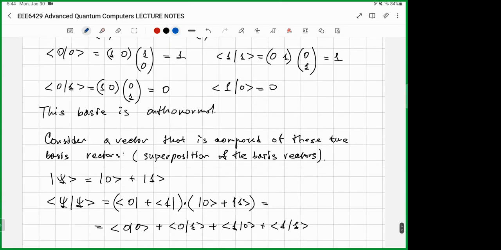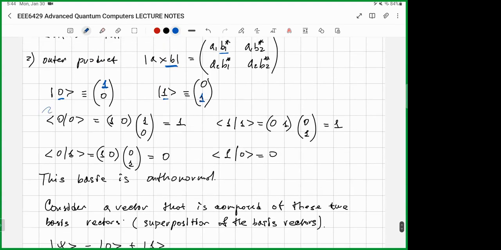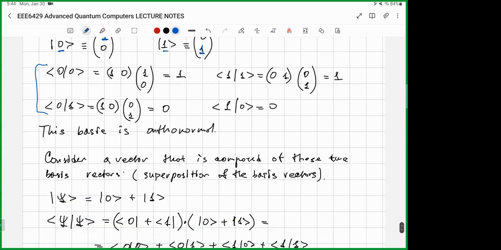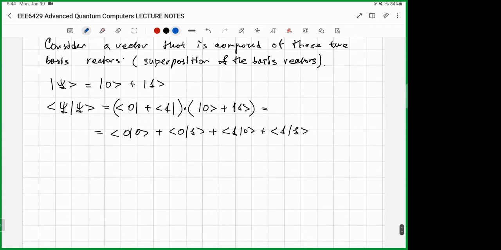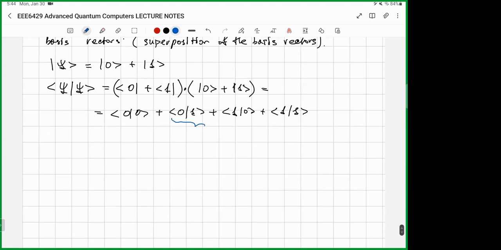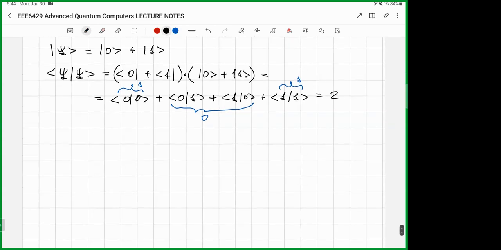Recalling the result that this basis is orthonormal, I conclude that these cross terms equal 0, and these two equal 1 here and 1 here. So my answer is 2. So this vector, the superposition of two basis vectors, is not normalized.